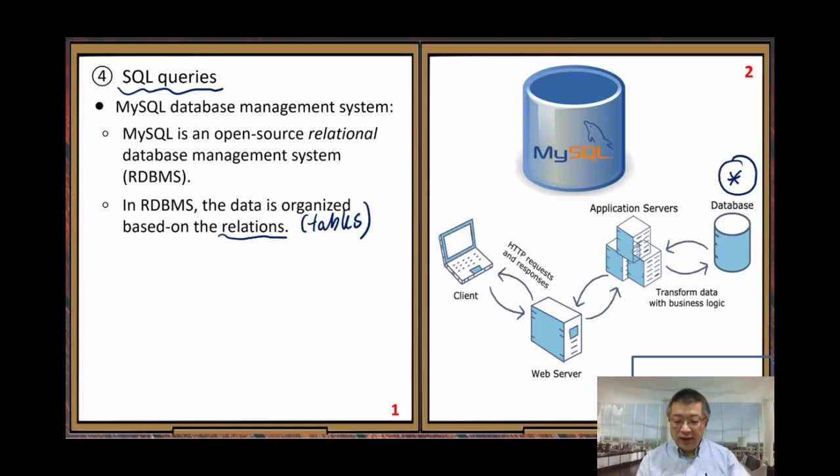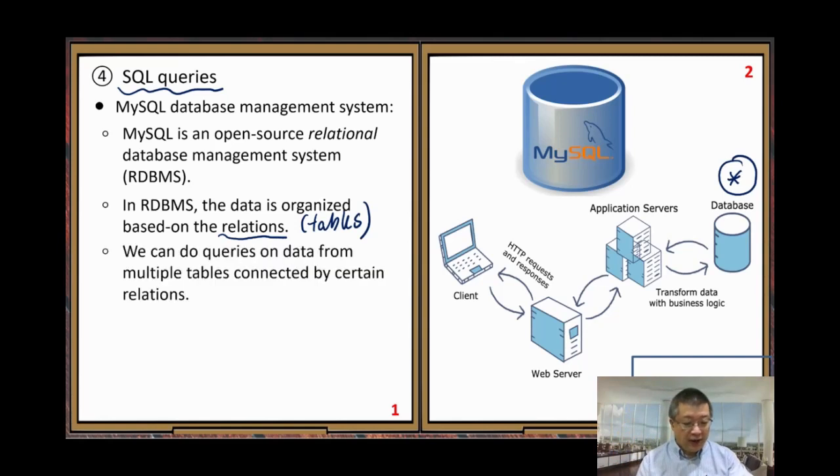Now we can do queries on data from multiple tables connected by certain relations. Join multiple tables. How to join multiple tables? There are some special ways.